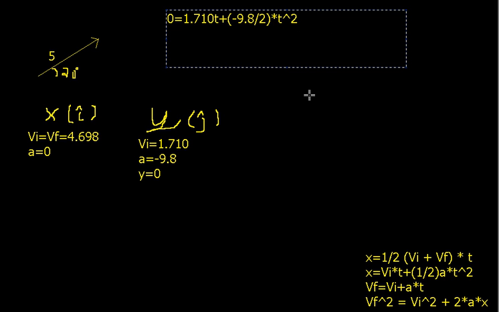Now I might say, ew, it's a quadratic equation. Factoring. Nope. No factoring. Well, kind of factoring. Simple factoring. What happens if you divide the entire equation by t? Oh, look. You get 0 over t. Well, what's 0 over t? Take a guess. It's 0. So 0 equals 1.710.